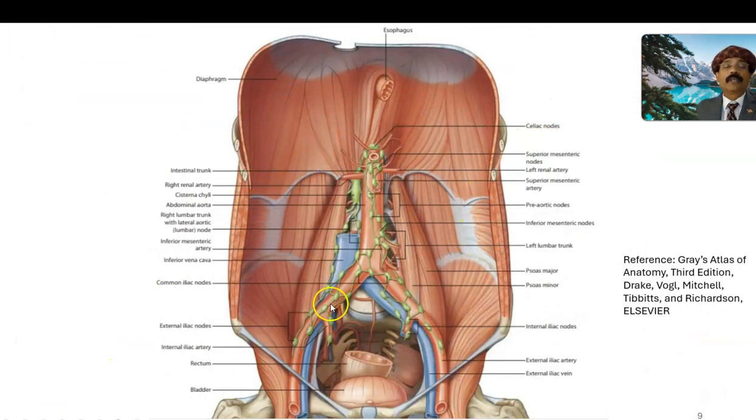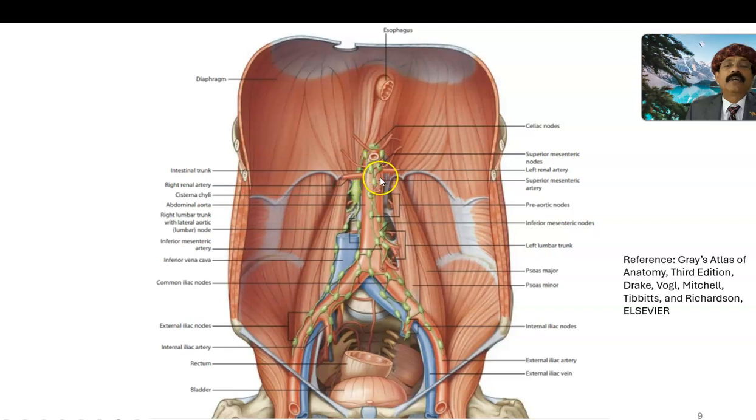Okay, this is the summary from Gray's Atlas of Anatomy. Here we are seeing the lymph nodes. Here is a group of lymph nodes, the inferior mesenteric lymph nodes, and the mesenteric arteries here, and we get the superior mesenteric artery just below the celiac trunk area.